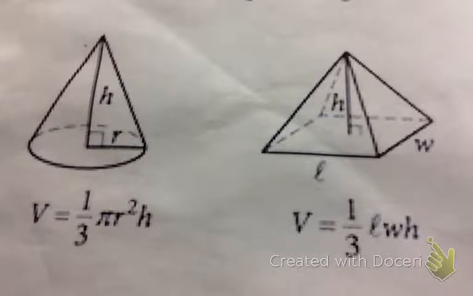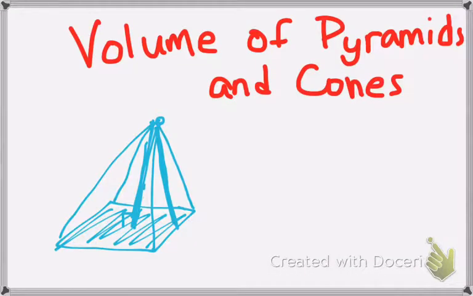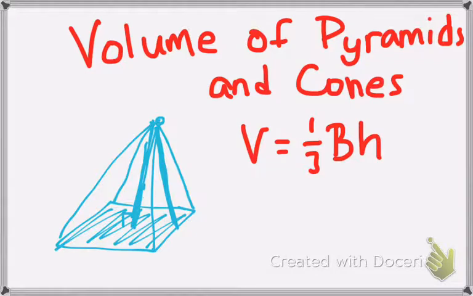So 1/3 area of the base times the height. We're going to write it like this because we're not going to be dealing with just square and rectangular pyramids. We're going to be dealing with those regular polygon bases.